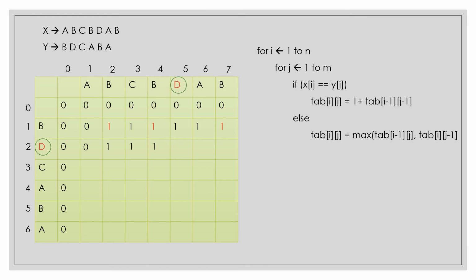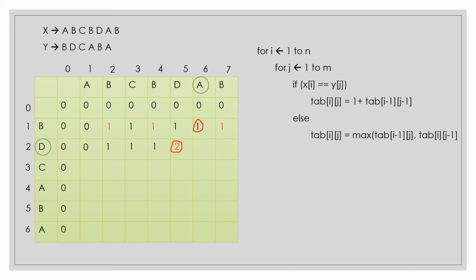So these two are now similar, and we will take the diagonal element, which is this one, add 1 to it, after which we will get 2 and append it here like this. Moving further, we see these two elements are different, taking the maximum of these two.